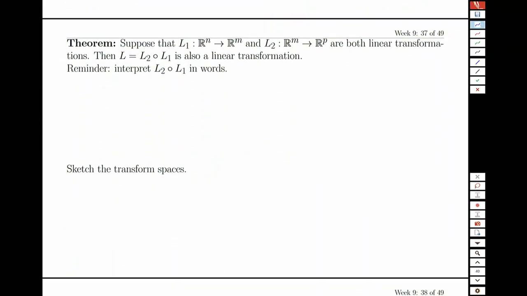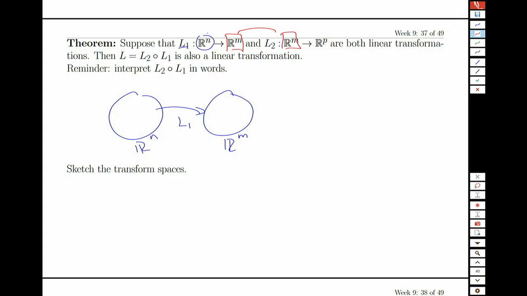But the general case first. Imagine we have a sequence of transforms, L1 from Rn to Rm. Then we have a second transform which has the same input space as L1's output space. The L1 output is equal to the L2 input, which makes sense.